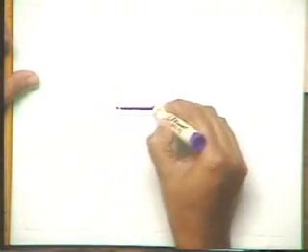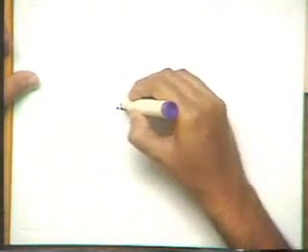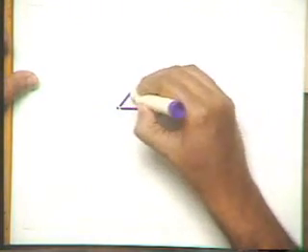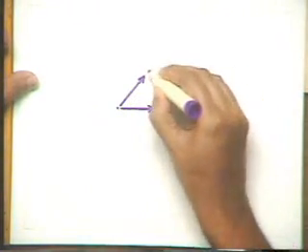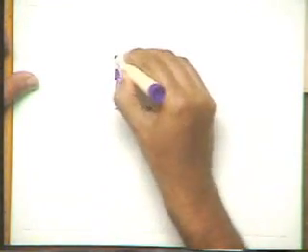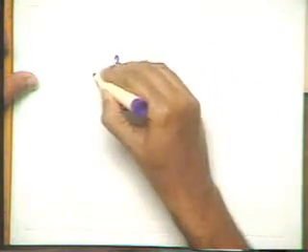There we take the 8 directions. This is one direction, 0 degree, which we call 0. This is the 45 degree direction, which we call direction number 1. This is the 90 degree direction, which we call direction number 2.